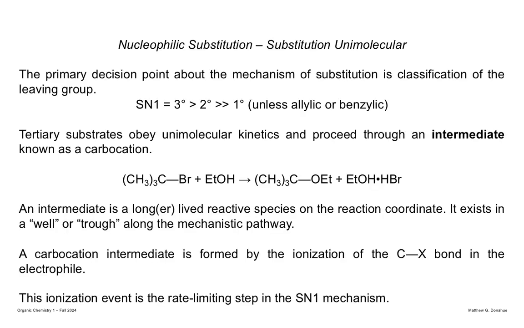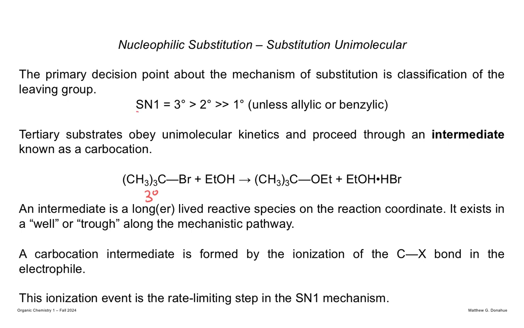this reaction shown with tert-butyl bromide in the presence of ethanol to do a substitution of the bromine to form an ether. And just to recapture some of that detail, we're starting with a tertiary alkyl bromide.